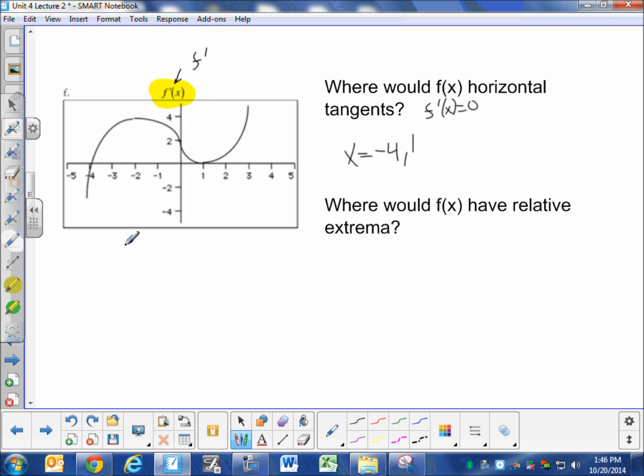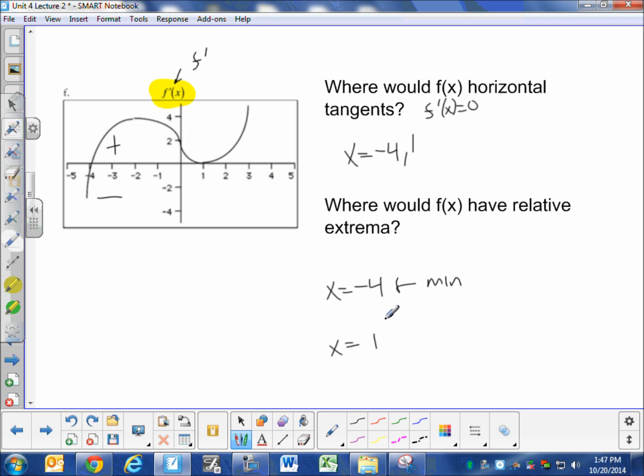Now, the question is, where would f have a relative extremum? So let's look at -4, let's look at 1. Well, we go from negative values to positive values at -4, from left to right. So that means this would be a relative min.